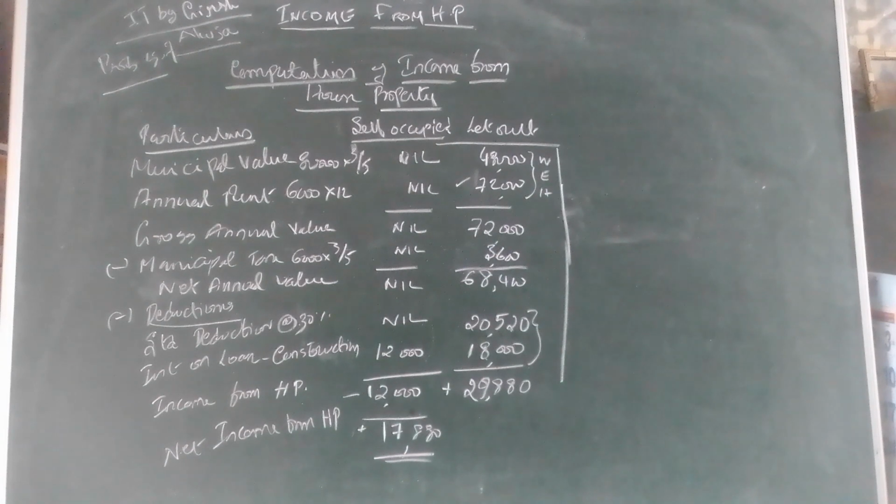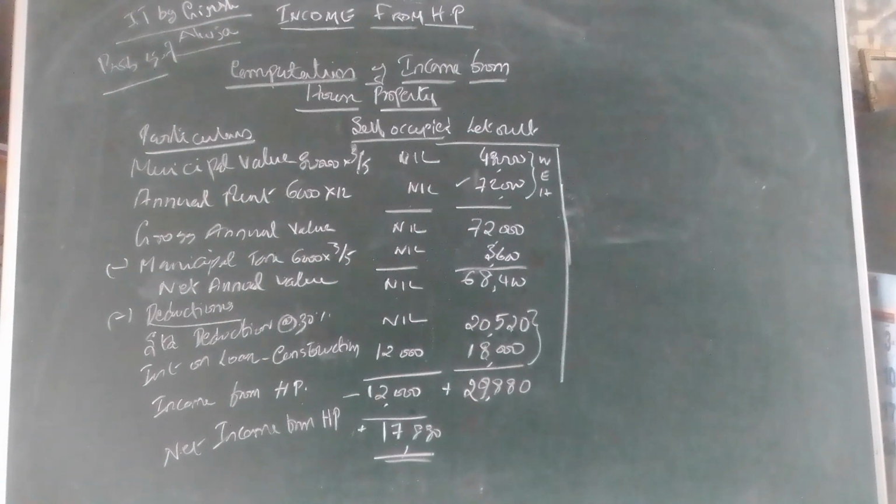That interest on loan is given as the total value, which is 30,000, for construction of the house. See, in the beginning of the question, it is given that the property consists of 2 units. 1 unit is self occupied and another 1 unit is let out property.